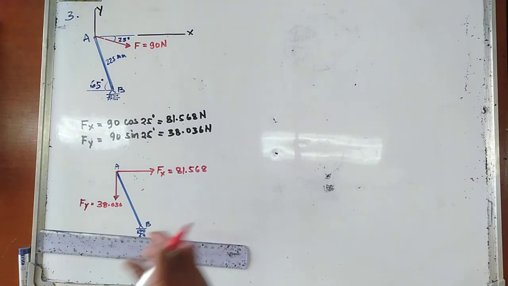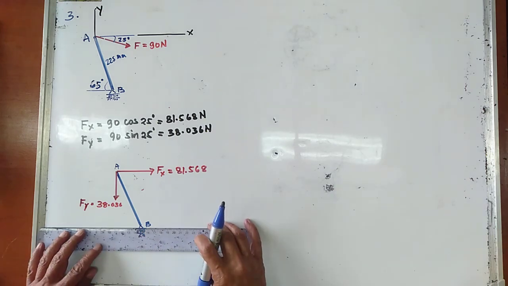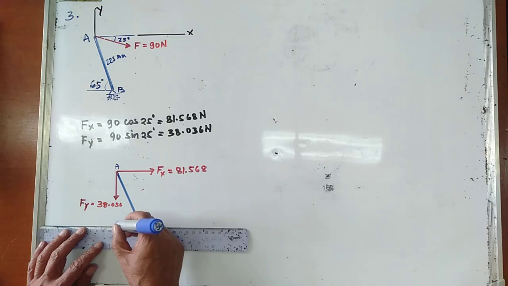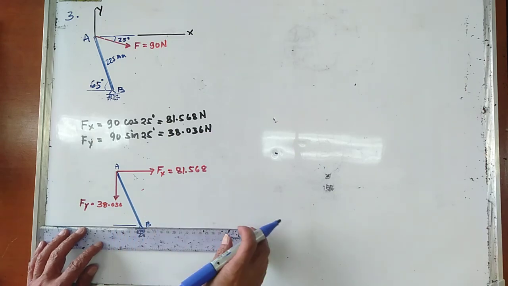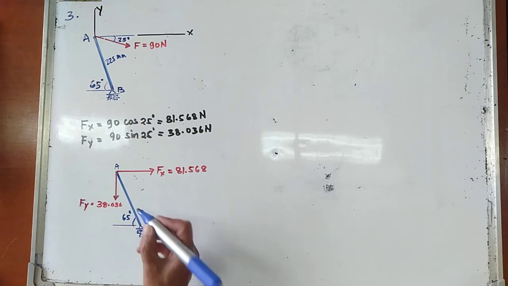Now, the rod is making an angle of 65 degrees with the horizontal. So this is therefore your rod, which is 65 degrees with the horizontal. So that is 65 degrees.